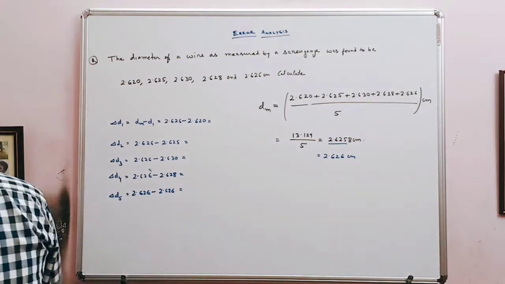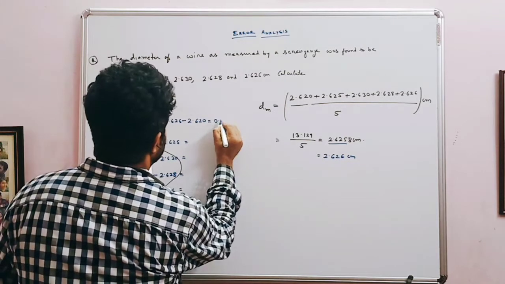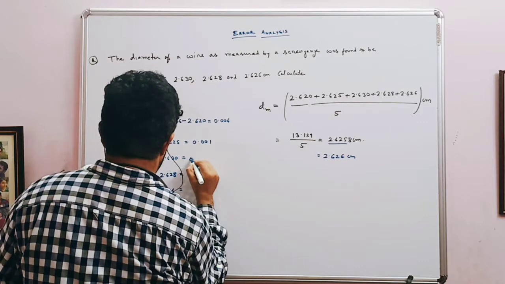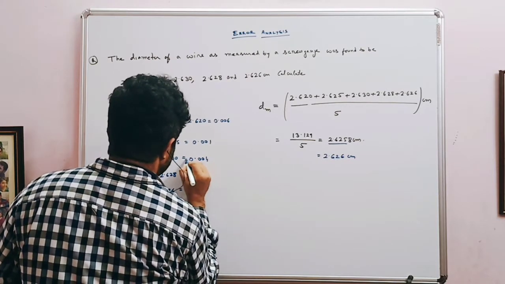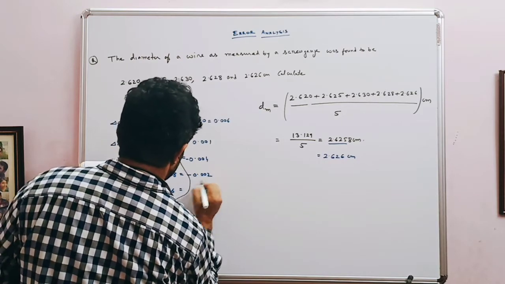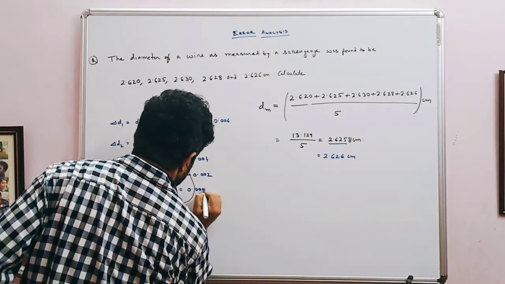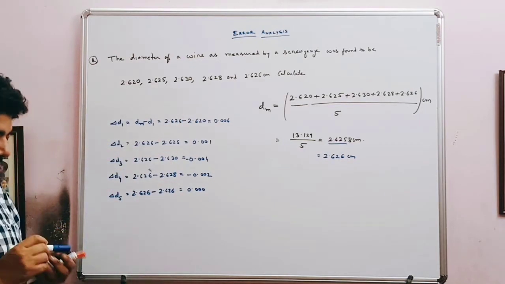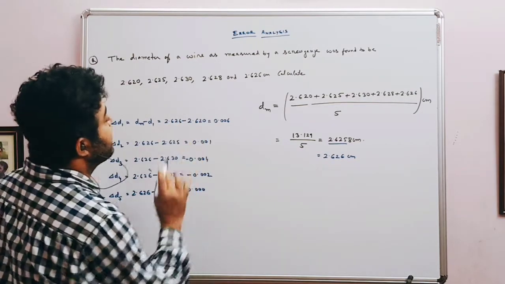So on that basis, what we have is 0.006, 0.001, 0.004 with negative sign, 0.002, 0.000.